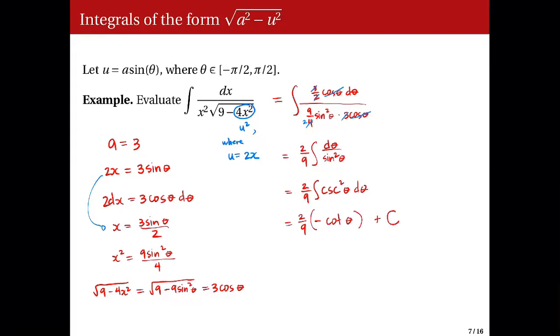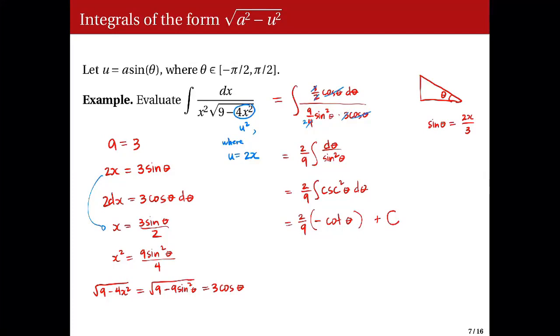Okay? And now, how do we convert this? So we use this. This is what we know. We have the right triangle. This is your theta. From here, we have sine theta equal to 2x over 3.